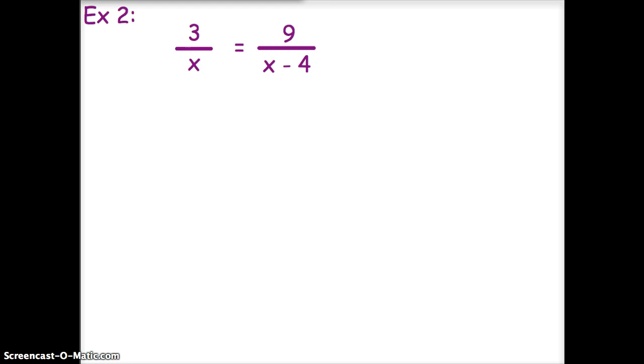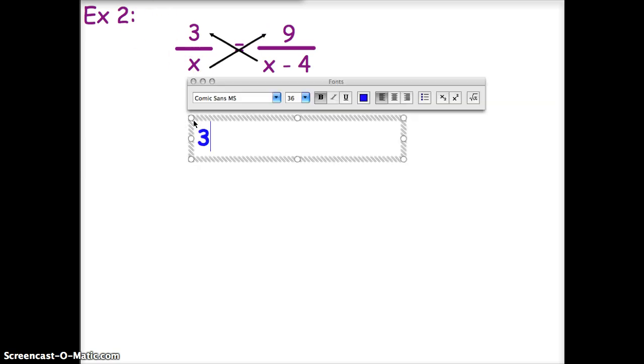Example 2 is a bit more complex, but we still start out the exact same way. Step 1, we're going to multiply. So that's going to be 3 times x minus 4 equals 9 times x.